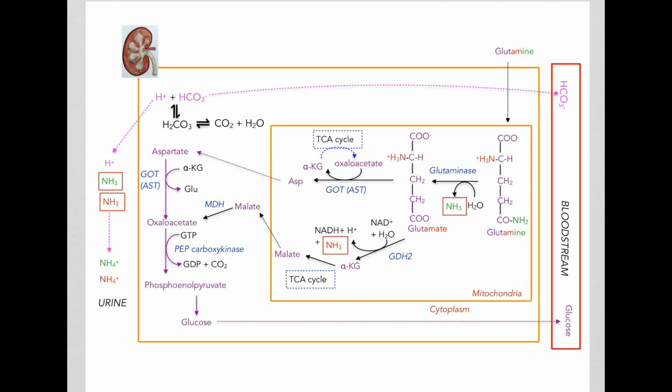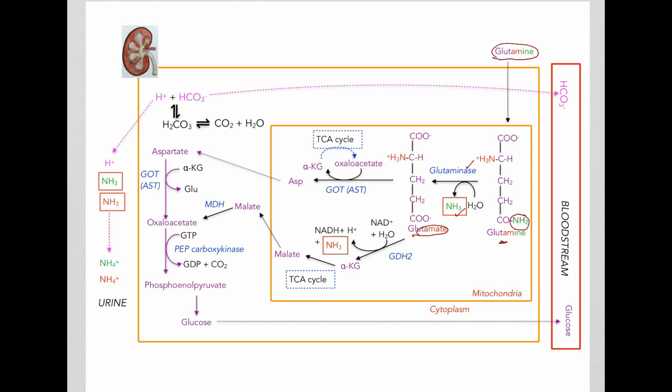The reactions in the kidneys are very similar to what we see in the small intestine. Glutamine enters the kidney cells in the cortex, and it undergoes the glutaminase reaction. The amine of the amide is released as ammonia. We get glutamate.